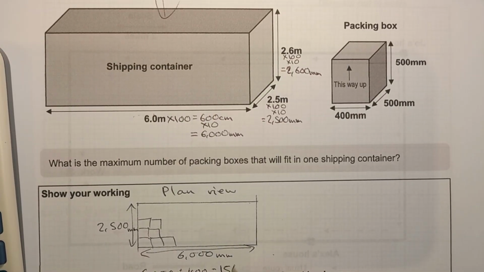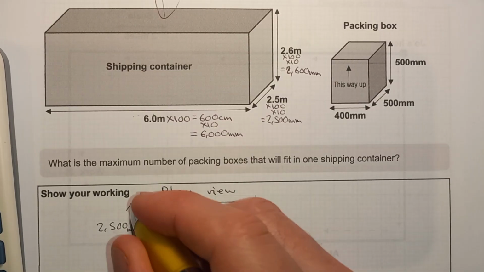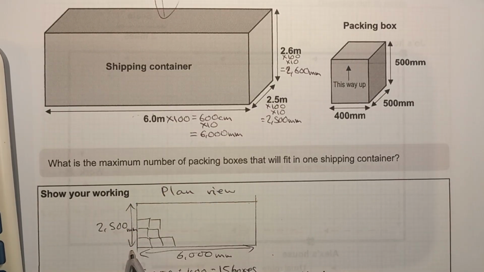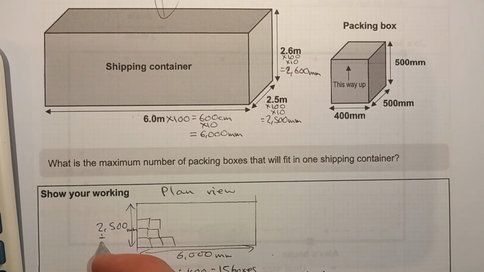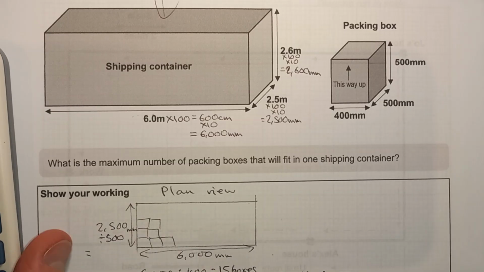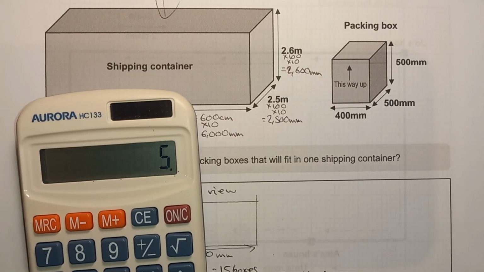So we can fit 15 boxes along this way. And what about up this way? Well, the boxes are 500 millimetres deep, so we're going to need to divide that by 500. So we get 5.